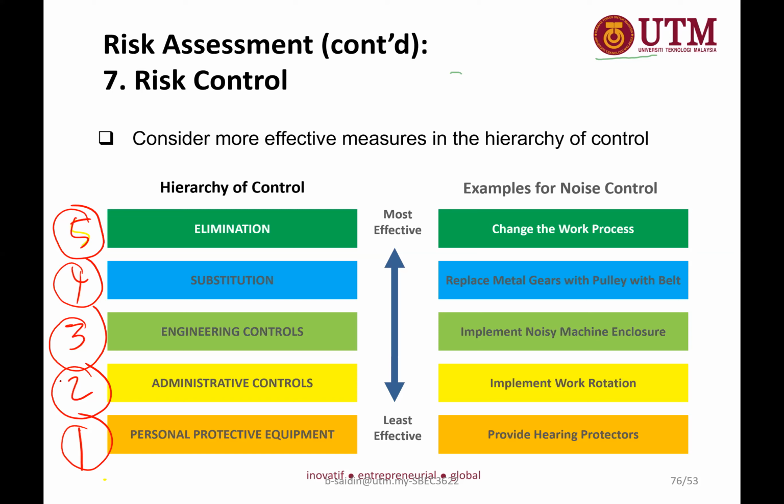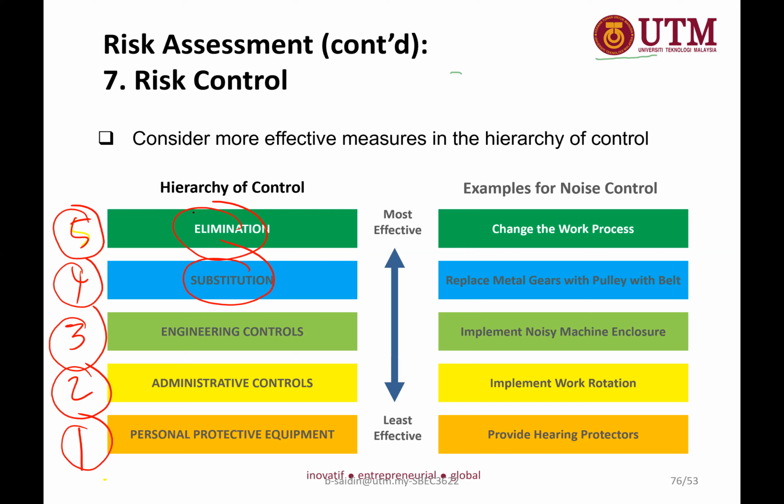And you see, the most effective could be elimination. If you can eliminate the source of hazard, then basically you will have no hazard. When there is no hazard, there is no risk. As simple as that. But most of the time, it might not be possible. Okay, then substitute with something else. Okay, something else, either you use a different machinery, component, whatever it is.